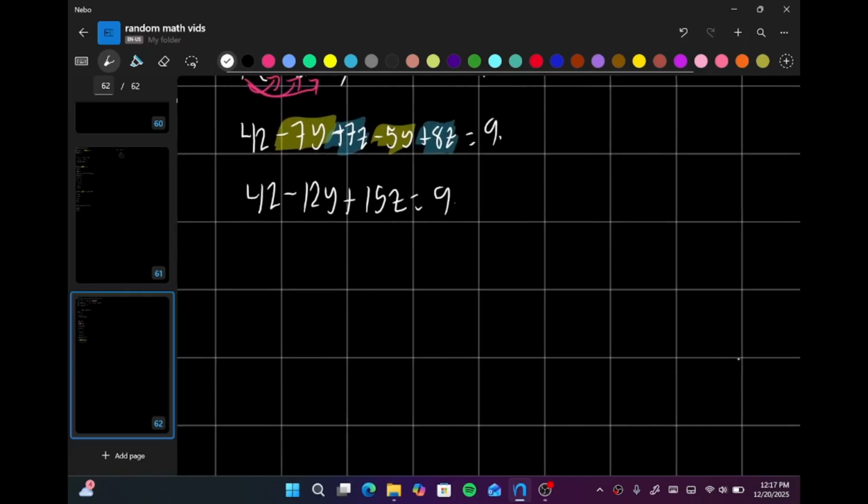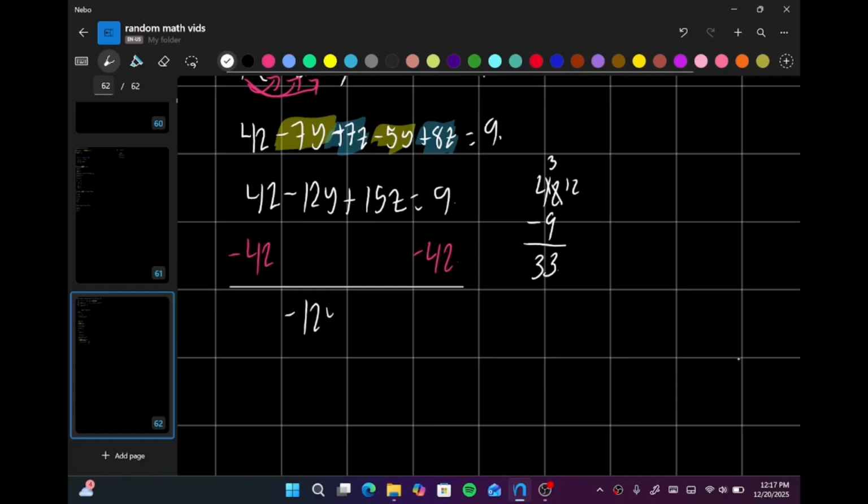We subtract 42 on both sides. 42 minus 9 is 33, so it's negative 33.